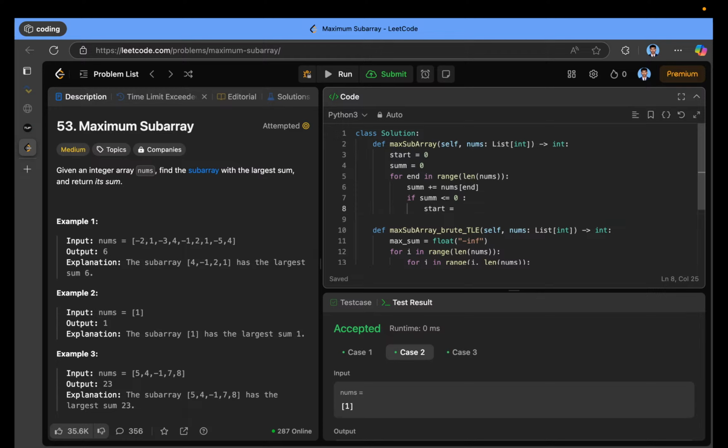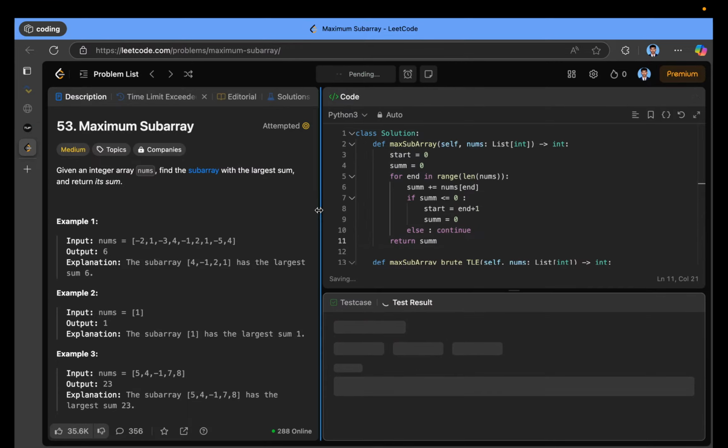If we don't need it, we will remove it later. Then start should be whatever the present end is plus 1. And else, continue. Oh, there is one more thing I have to change. If sum is less than 0, I have to change sum again to 0. This will give me the right answer.